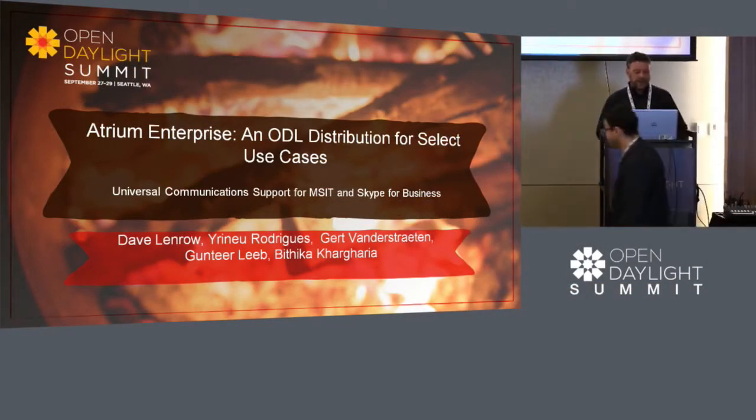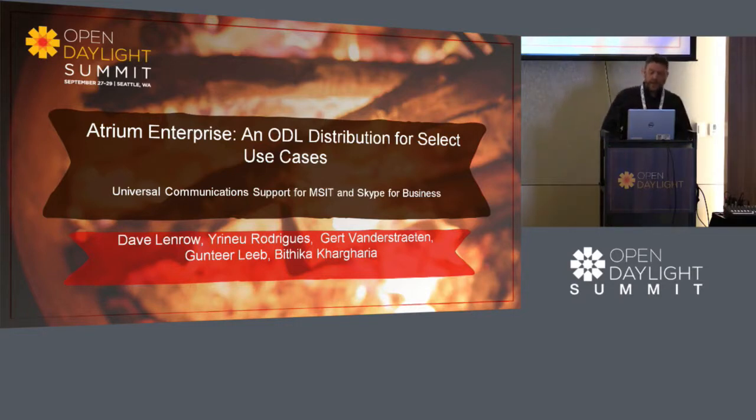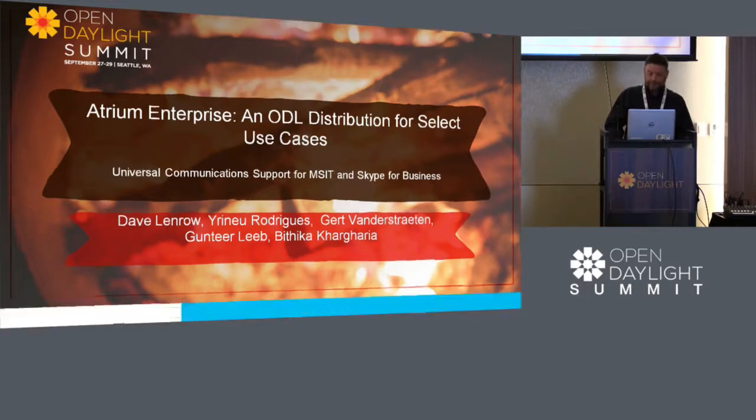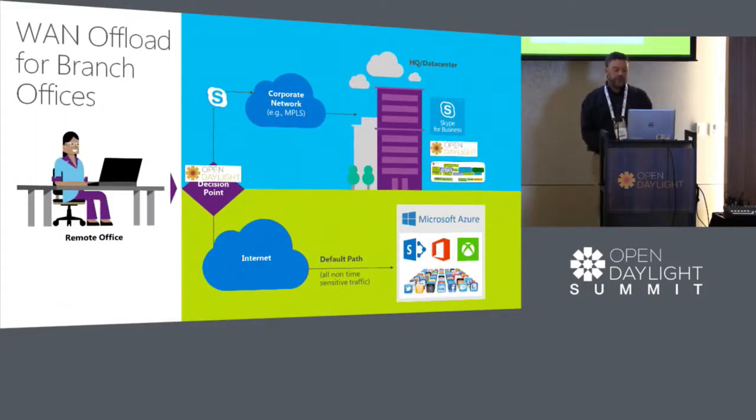We're talking about Atrium Enterprise, which is an ODL distribution designed to support specific, well-defined use cases. We're at work building our first one, and we're going to talk about that. You've probably seen this slide in some of the other presentations today, but the basic requirement from Microsoft IT is to reduce their MPLS and carrier-provided WAN costs by having smaller dedicated WAN pipes and offloading things to the internet instead.